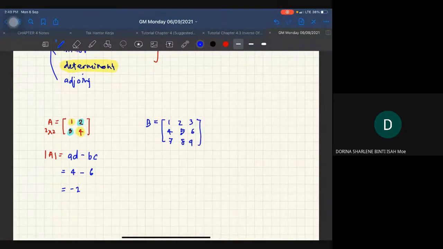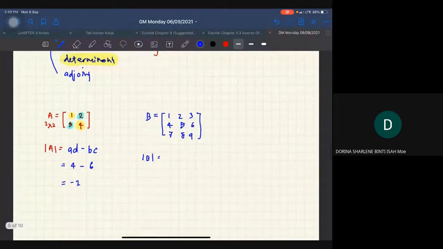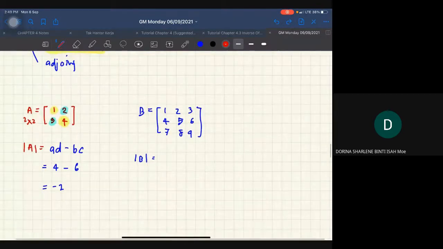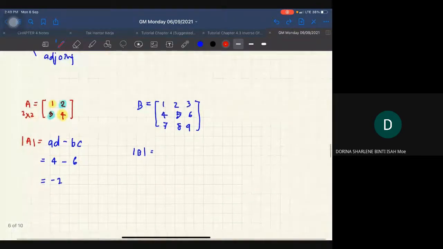Okay, and then dia suruh kita cari determinant matrix B. Okay, so formula untuk determinant of matrix for 3 by 3 adalah apa? Cuba sebutkan. Apa formula kita kat sini? So ada someone nak cakap je tu, tapi malu-malu.